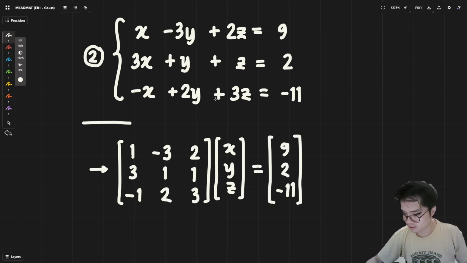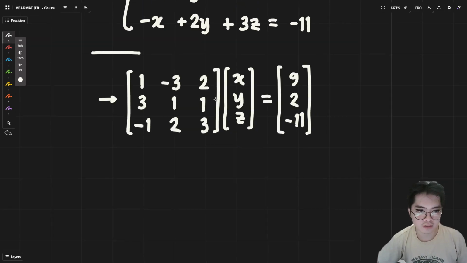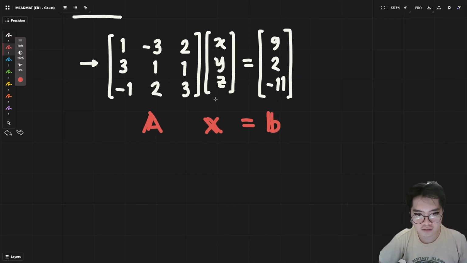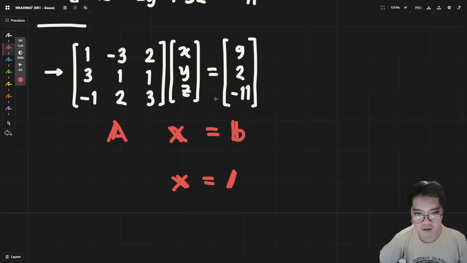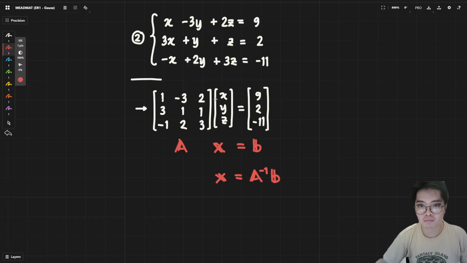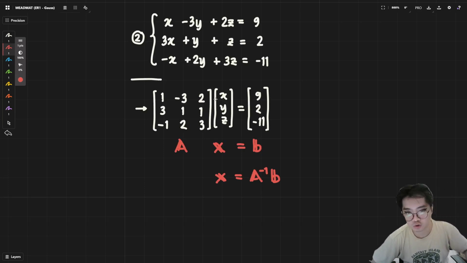And so again, we will have Ax is equal to b. That means that your value of x, your three variables in here, is just gotten by using the inverse of A and then multiplying it with b. Okay, so let's try it out.